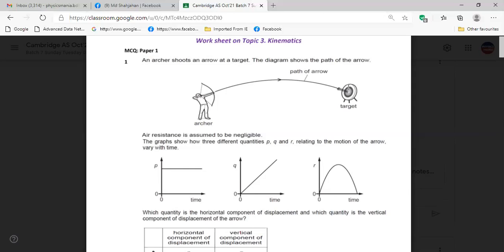So which one is showing you the constant velocity in displacement time graph? From these three graphs.